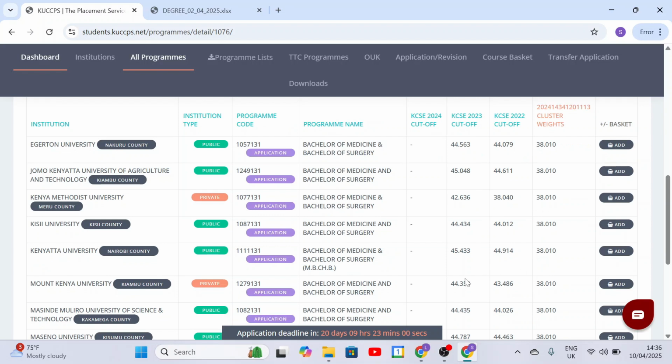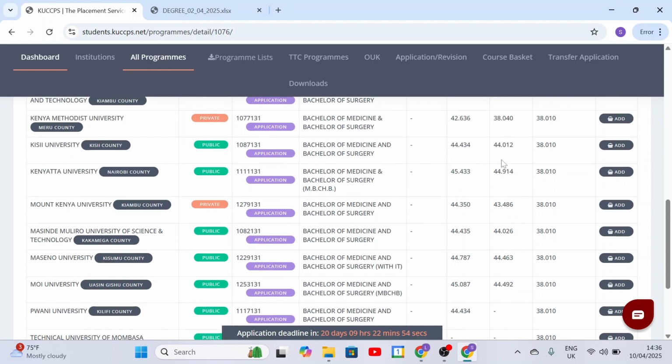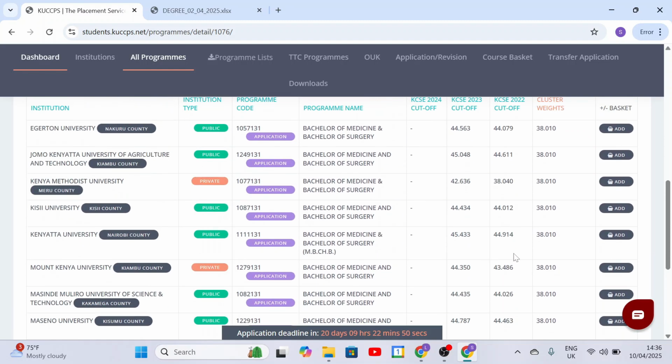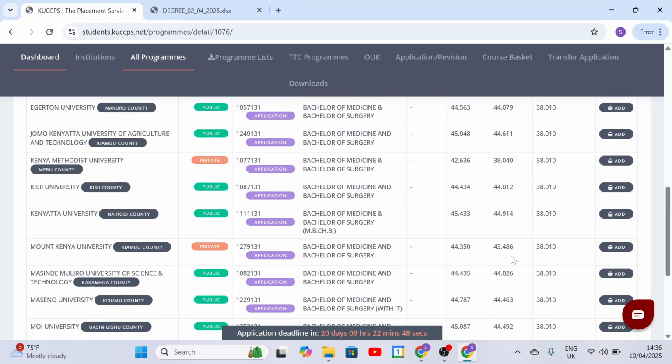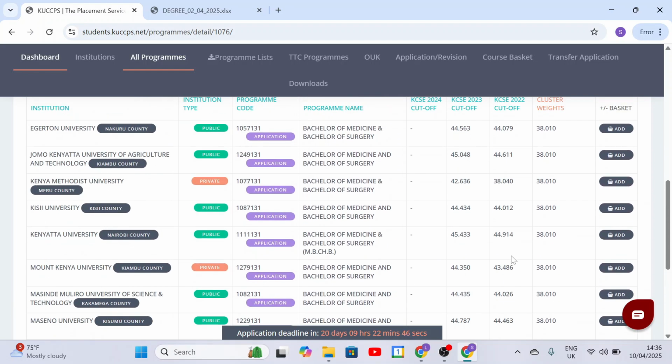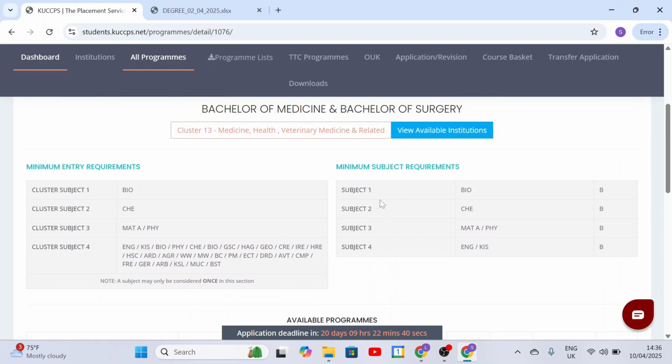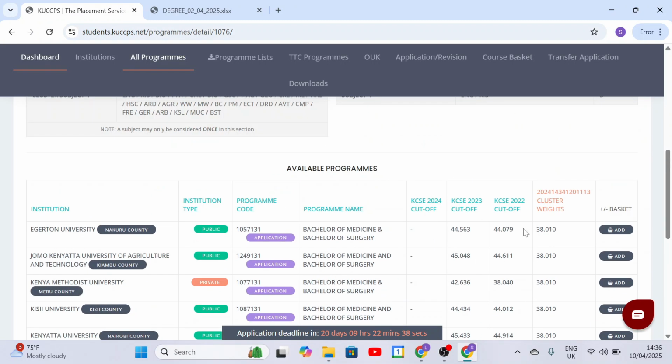Once you look at these details very clearly, you will come to realize that this candidate cannot actually do medicine, let's say this year under the CUPS. Maybe as a privately sponsored student, that is very much possible because he has already met the minimum requirements. But as far as the cutoff points are concerned, he is way below the cutoff points, and therefore, if you are having such a course, don't go for it.